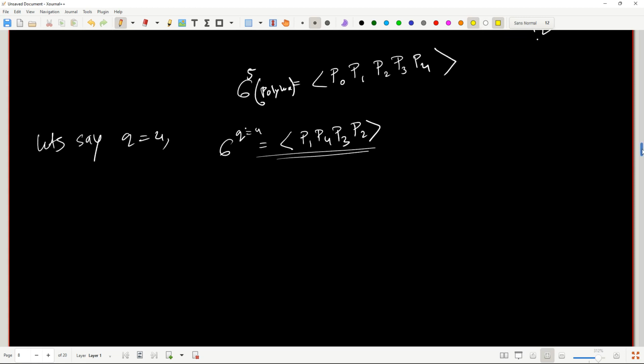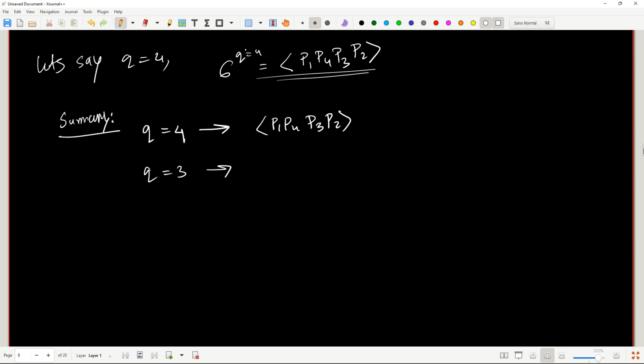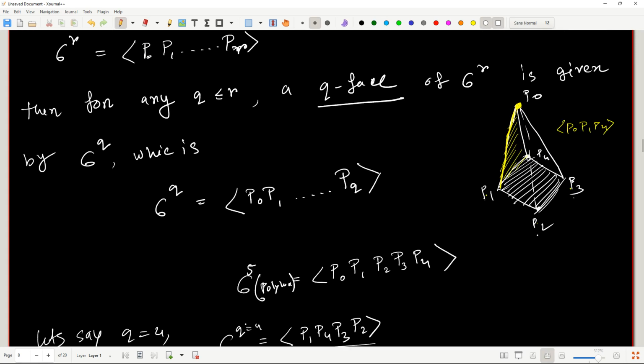So if I sum that up, when I say Q equals 4, I'm talking about a face that is P1, P4, P3, P2. When Q equals 3, I have this face, that face, and this one.